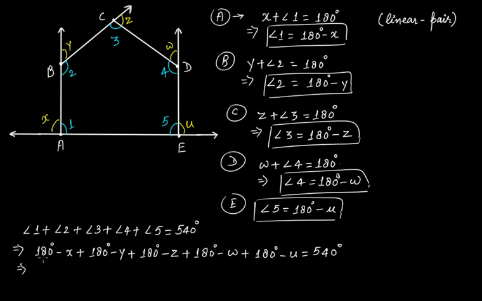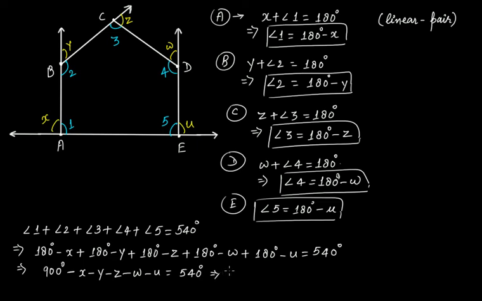From here you get 180 degrees plus 180 is 360, plus 180 is 540, and then plus 180 is 720, and from here you get 900. So 900 degrees minus x minus y minus z minus w and minus u is equal to 540 degrees.